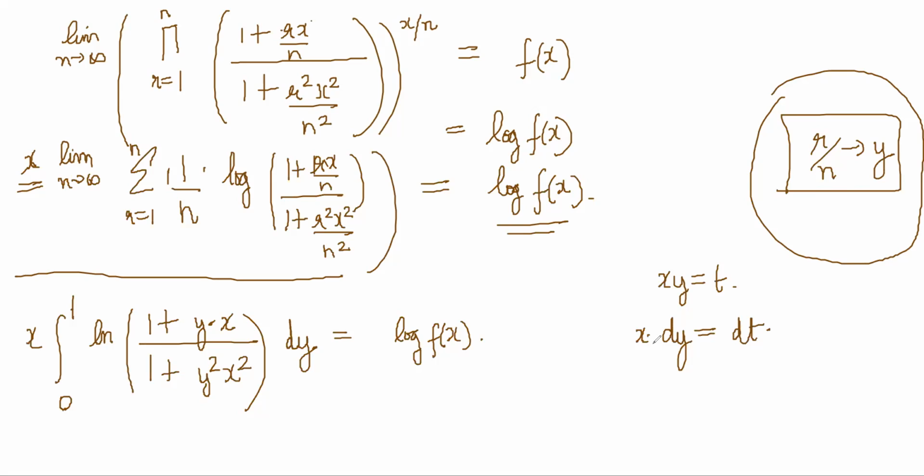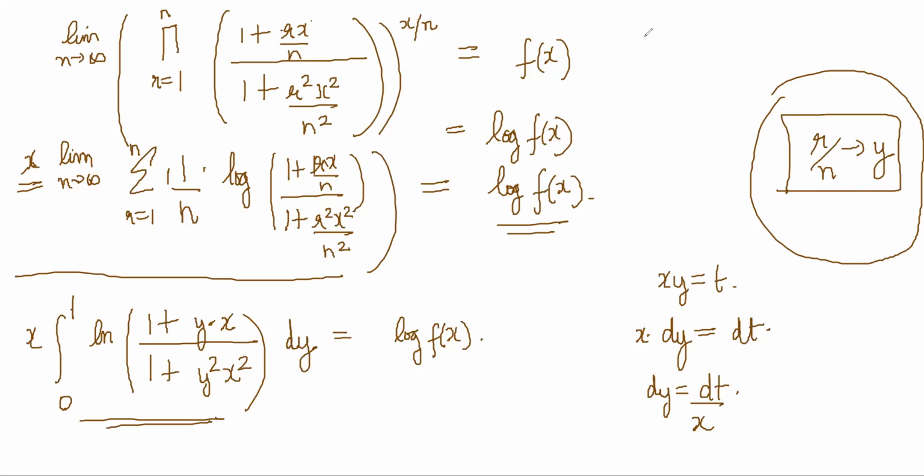For the purpose of the integration, x is a constant. So x dy is equal to dt, therefore dy is equal to dt by x.